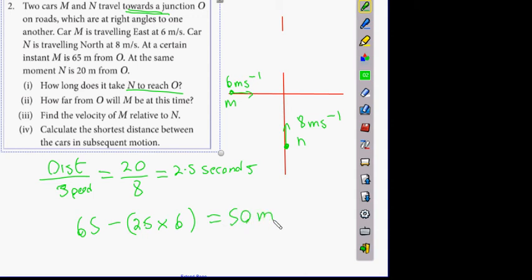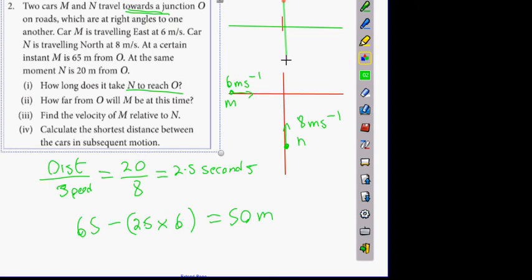Now, in all these questions, more than likely, the best way to do them is to start them off with one of them at the junction. So I can make a new diagram. My new diagram can look like this instead.